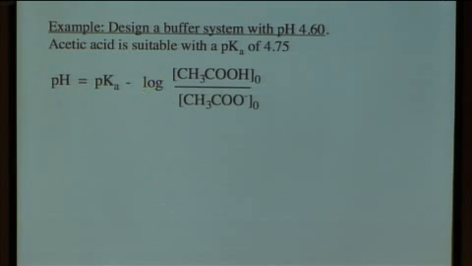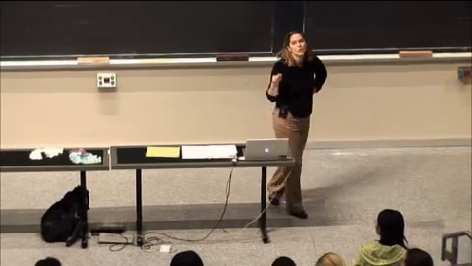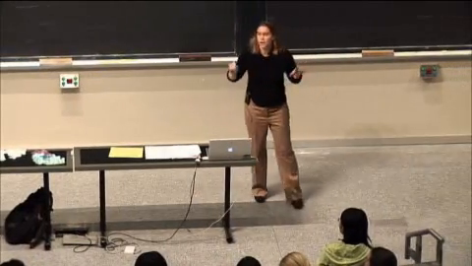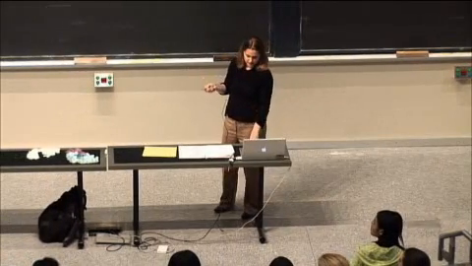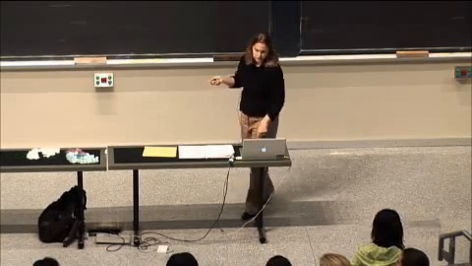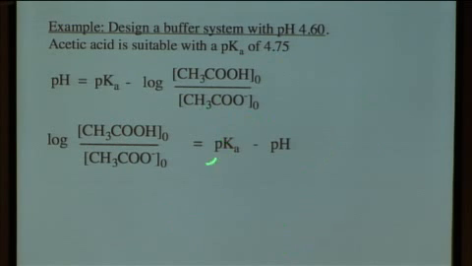We know the pKa of the thing we're going to use, and we want to figure out how much of the acid to use and how much of the conjugate to use. We need to know the ratio of one to the other to set up our buffer ideally. So we can plug our numbers in and calculate that. We can rearrange this if you want so that the unknown is on one side and we have the pKa and the pH on the other side.